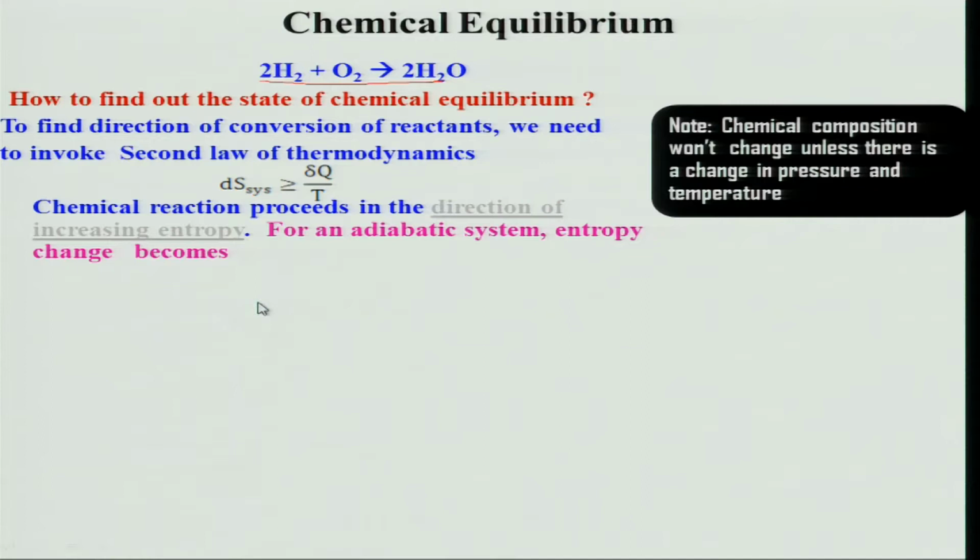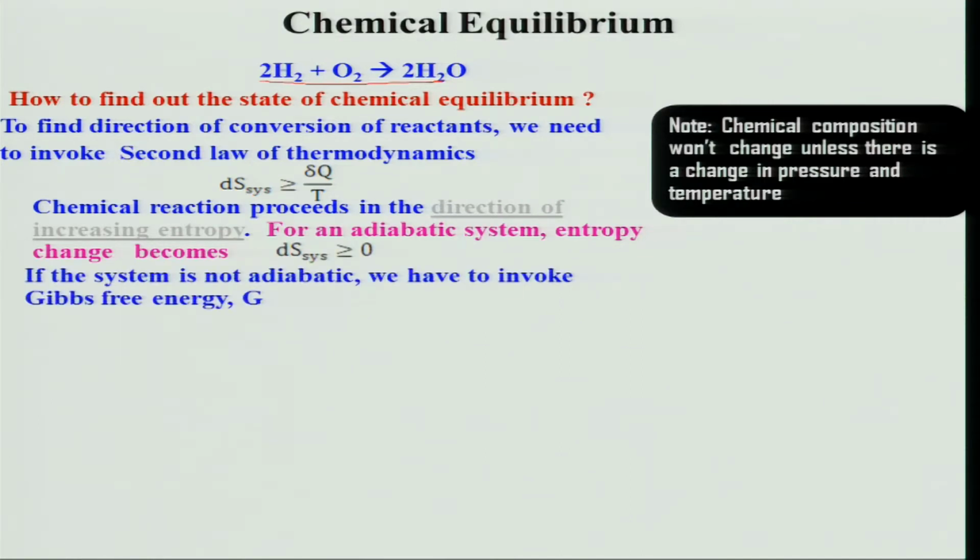But we know that in our system there will be several places where it need not be adiabatic. So, then we need to think about a concept which is known as Gibbs free energy. We know by definition G is equal to H minus TS, where H is the enthalpy, T is the temperature, S is the entropy.